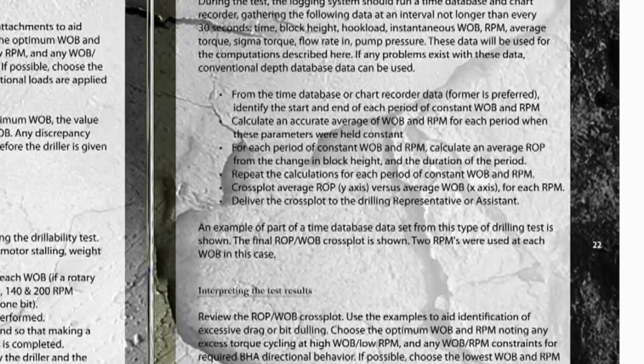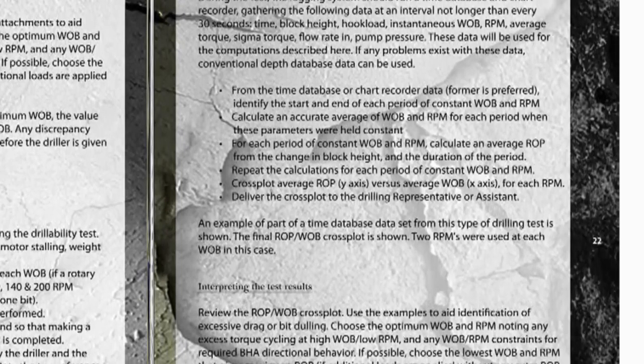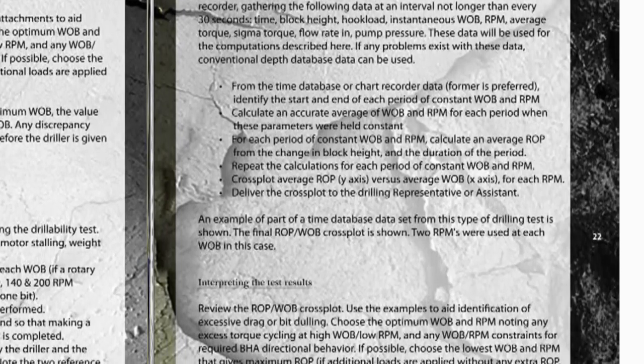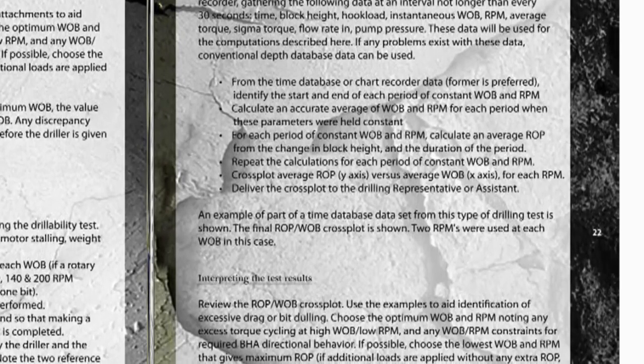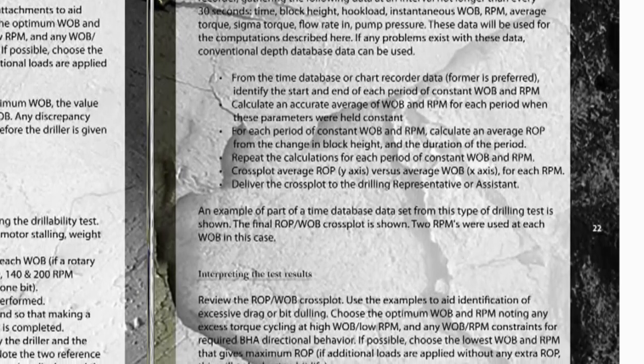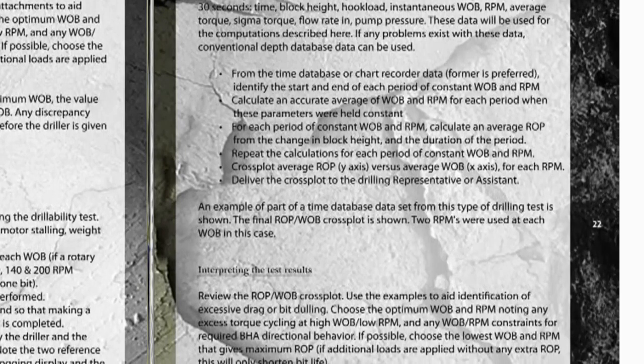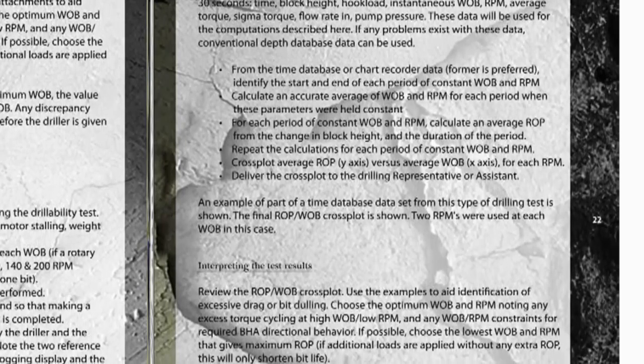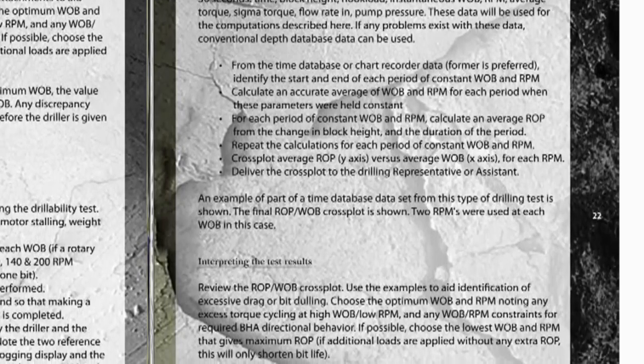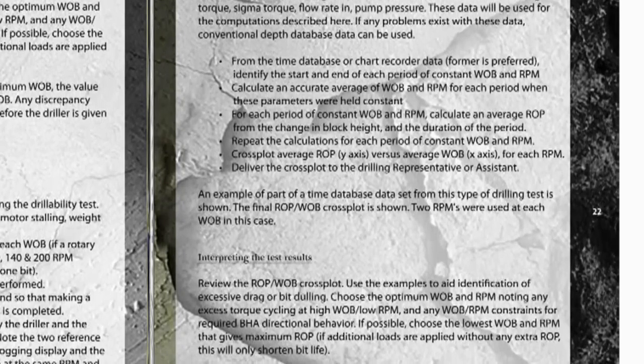From the time database or chart recorder data, former is preferred, identify the start and end of each period of constant WOB and RPM. Calculate an accurate average of WOB and RPM for each period when these parameters were held constant.